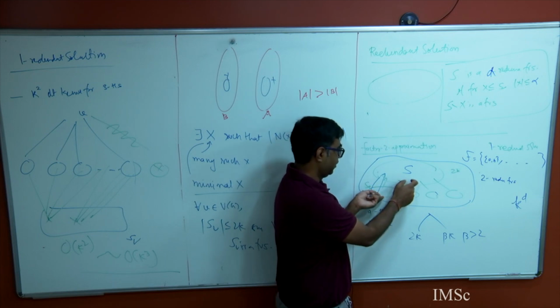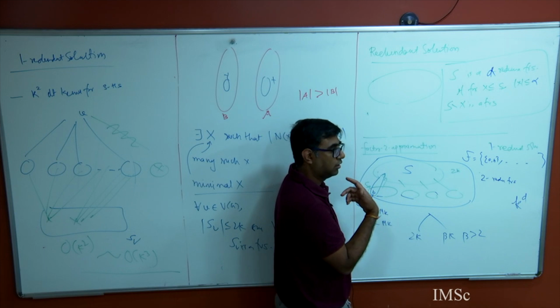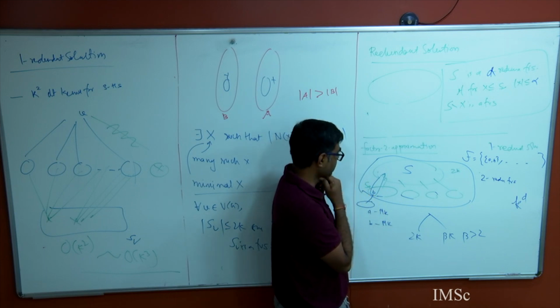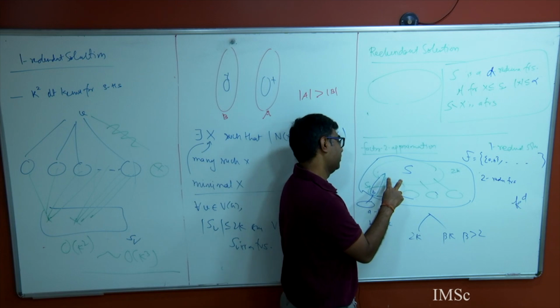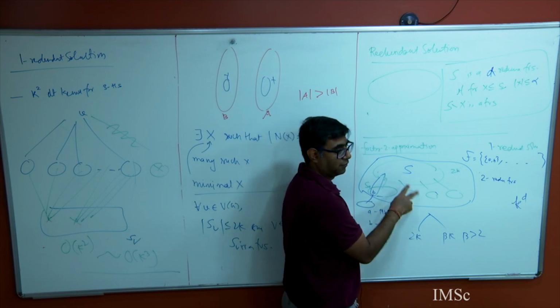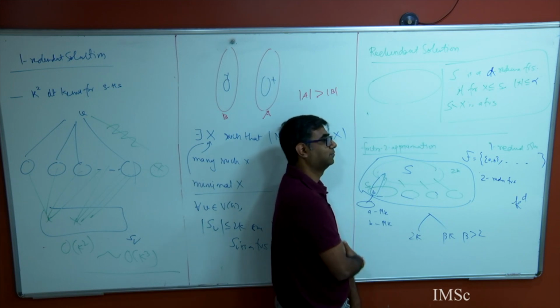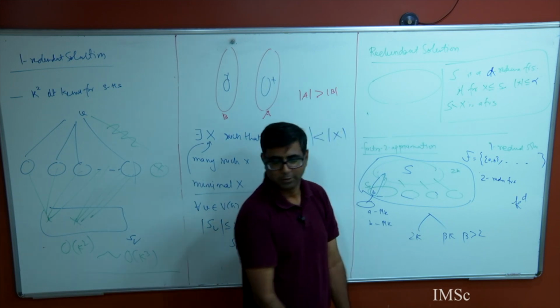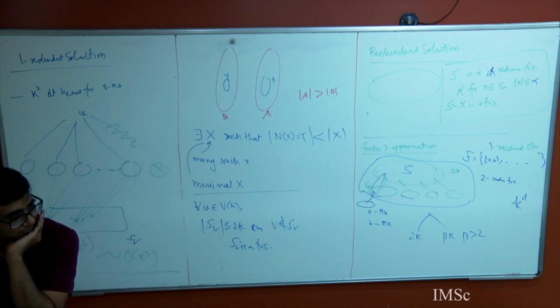If B is here, then look at B. You want me to say why we are not picking 2 vertices from here to make it redundant? You could also do that. I'll send you the paper, read the proof, you will understand why it's not required.